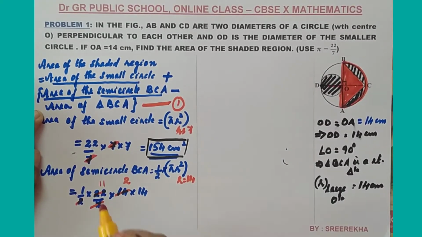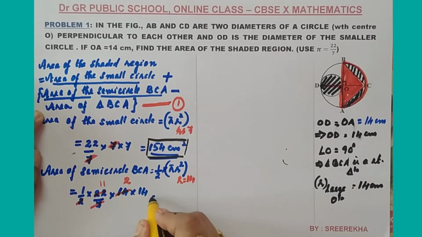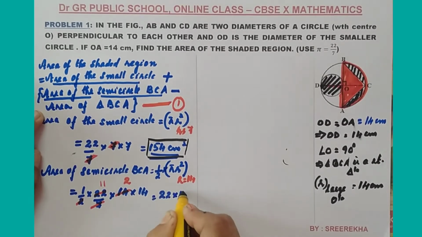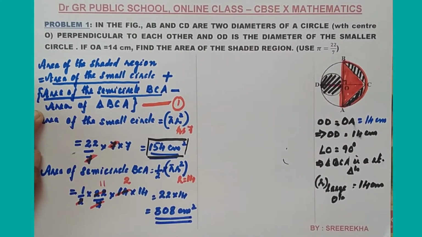Now the remaining is 11 into 2, 22. 22 into 14 is 308. So 308 centimeter square is the second area.